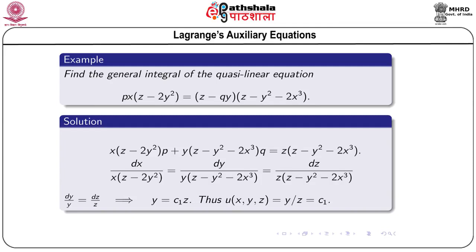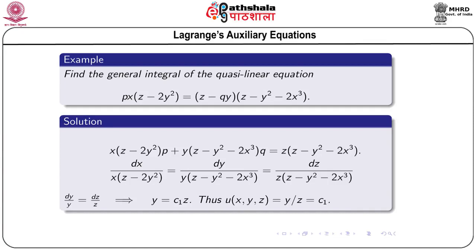Here capital P is the coefficient of small p. For this example, it is x into (z minus 2y square), and capital Q is the coefficient of small q, which for this example is y into (z minus y square minus 2x cube), and capital R is z into (z minus y square minus 2x cube).